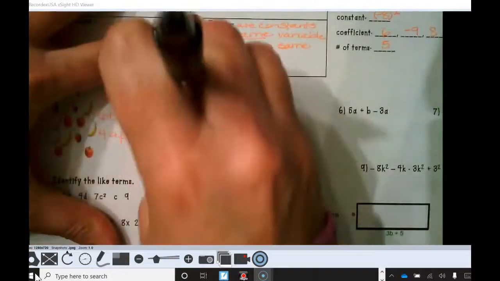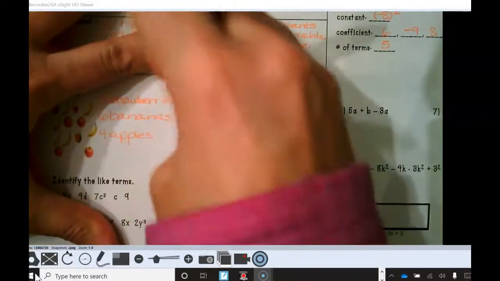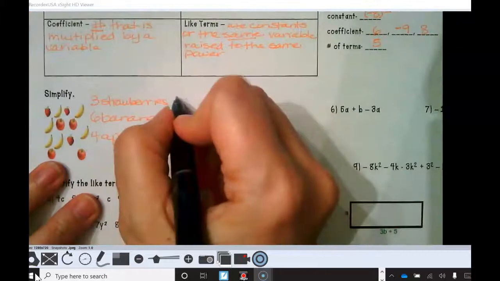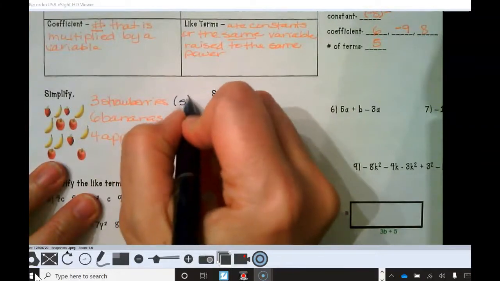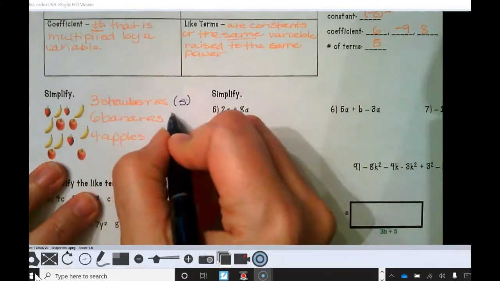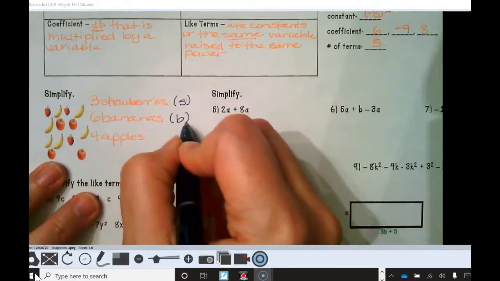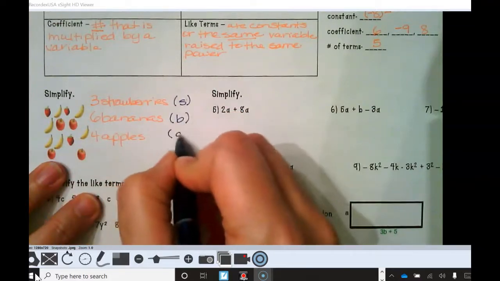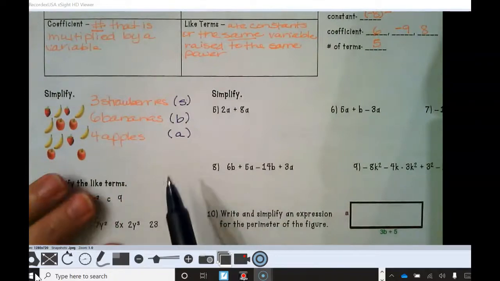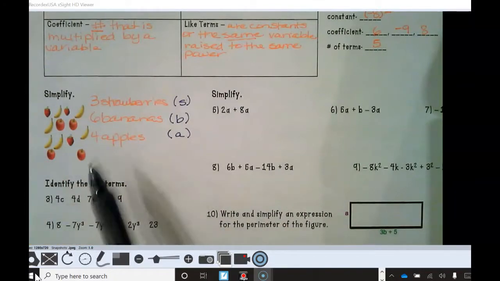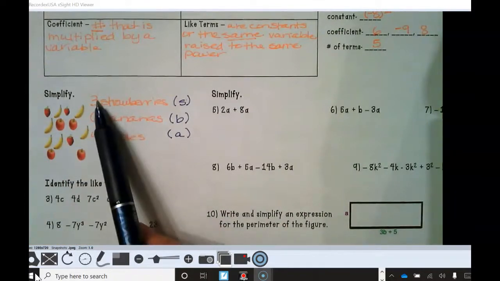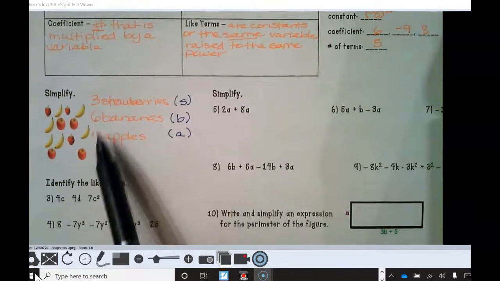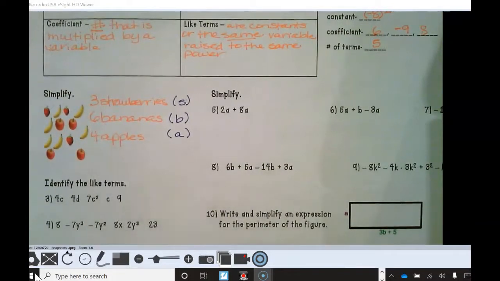Oh heavens, that's horrible. We're going to use the variable S. For bananas, you guessed it, we're going to use a B. And for apples, we're going to use an A. Now to simplify this, you wouldn't say, oh, I have 3 plus 6 is 9 plus 4 is 13.